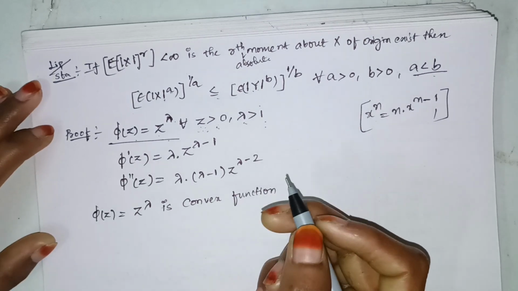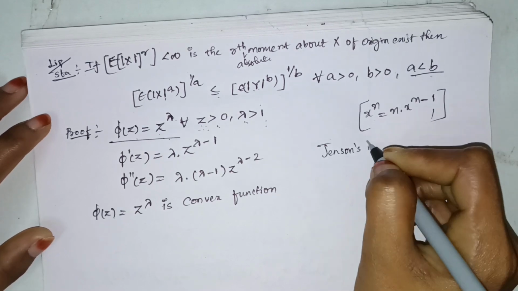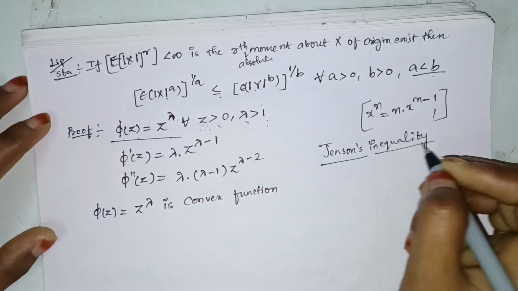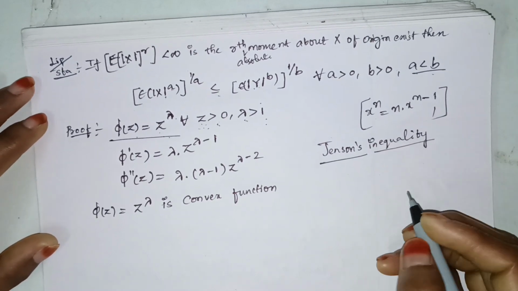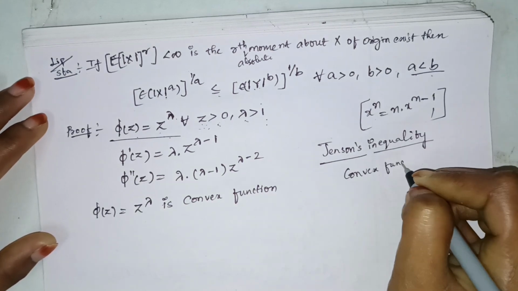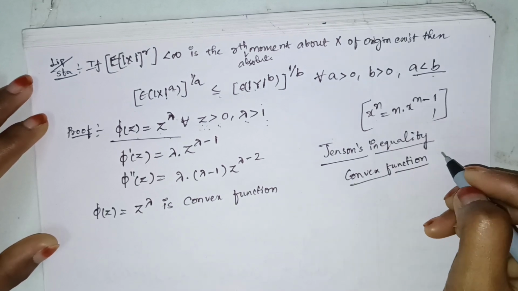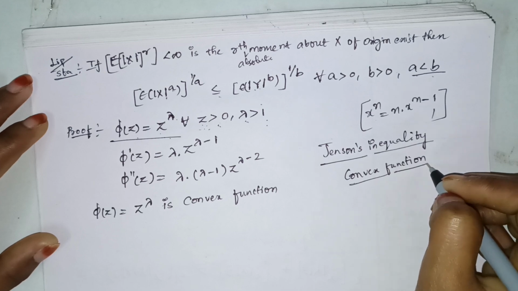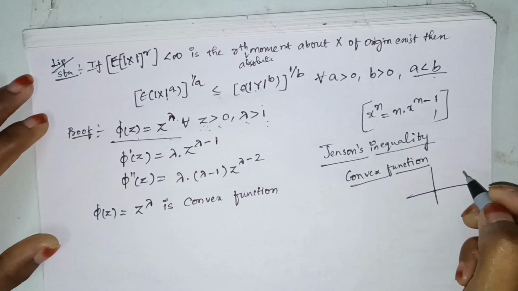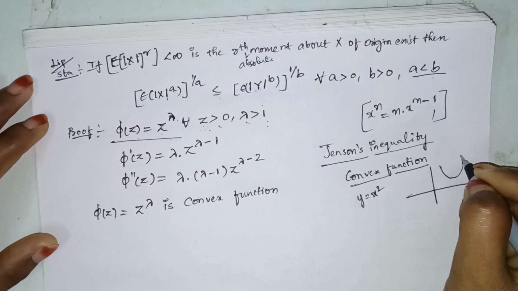In order to prove this inequality, we must use the Jensen's inequality. We know that Jensen's inequality is nothing but we take a function that is a convex function. What is a convex function here? The convex function is nothing but if you take any function and draw a graph, for example y is equals to x square, then your graph will be like this, the parabola.